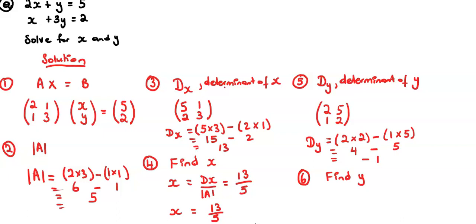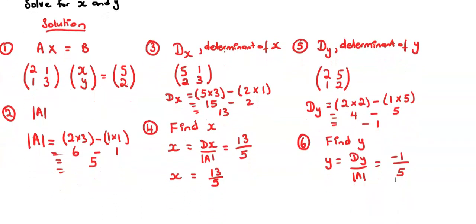And our sixth and final step is to find y, given that we have already obtained the value for x in step number 4. Y is therefore equal to the determinant of y divided by the determinant of A. So our determinant of y is negative 1 divided by the determinant of A, which is 5.